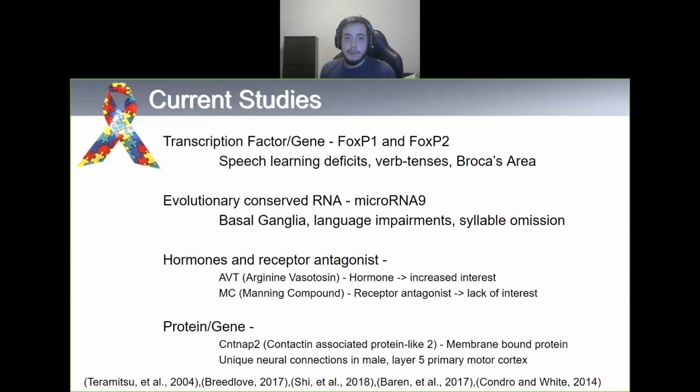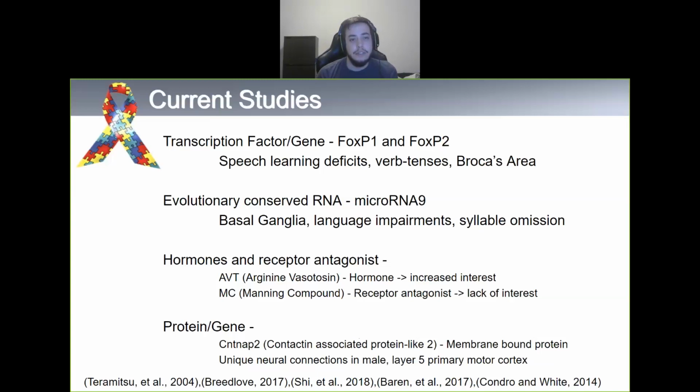Also, other proteins in genes like CNTNAP2, which is contactin associated protein like 2, is a gene that is a membrane-bound protein, which is found predominantly in the male's robust nucleus of the archopallium, RA for short, a cortical song control region that's analogous to the human layer 5 primary motor cortex.